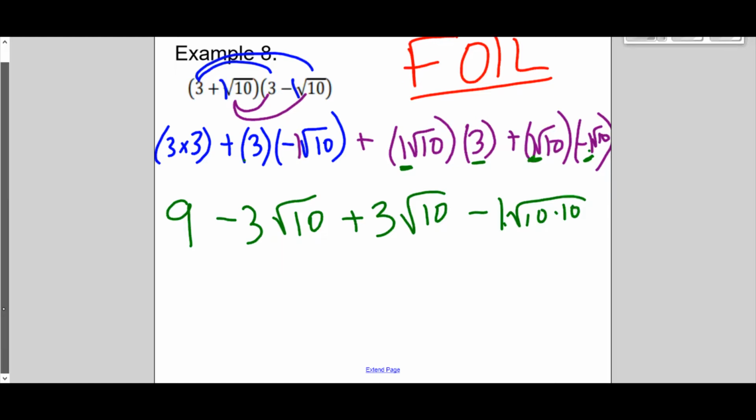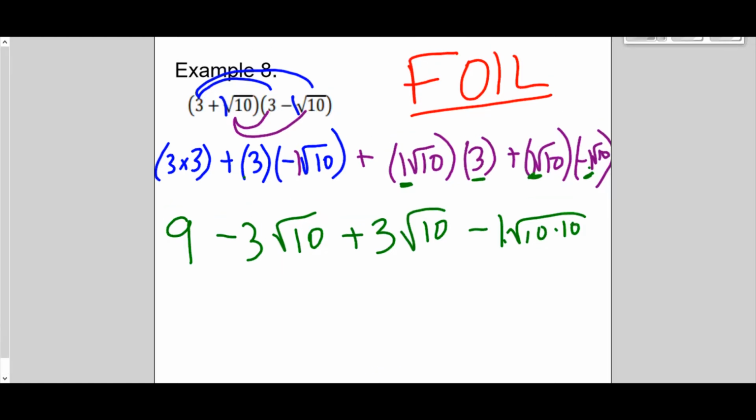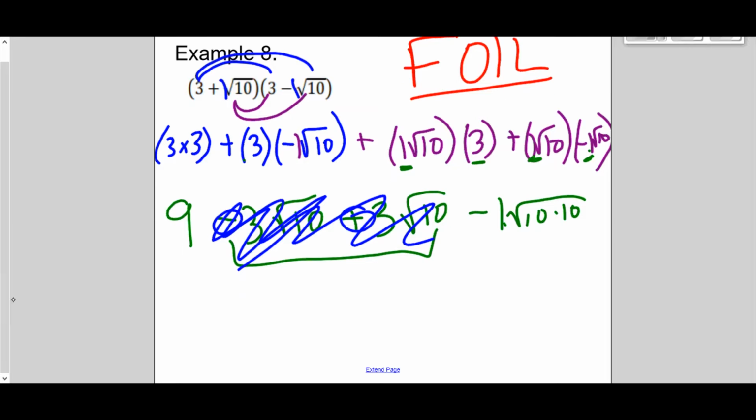So what I want you to see is notice this middle term, minus 3 square root of 10 and plus 3 square root of 10. Those are the same term. One is negative, the other is positive. So they cancel each other out. They go away. They're 0. So this is very nice because it gets you down to these two terms, 9 minus 1 square root of 100.